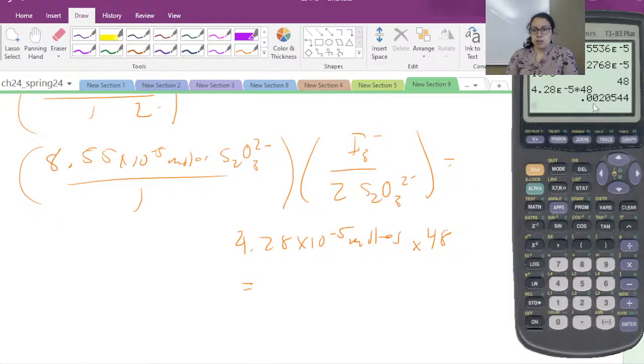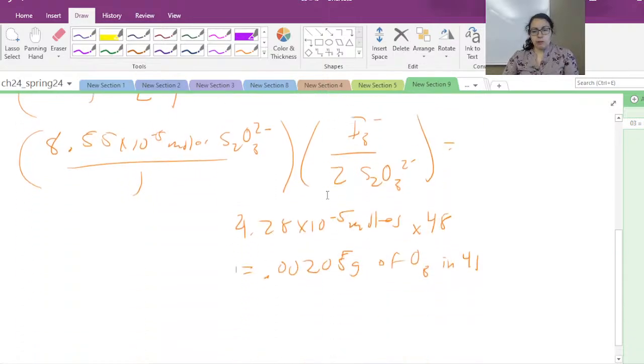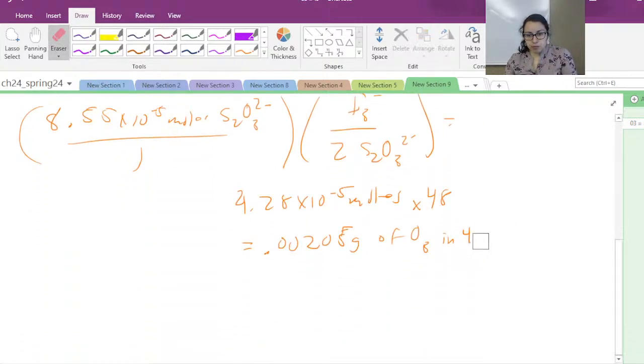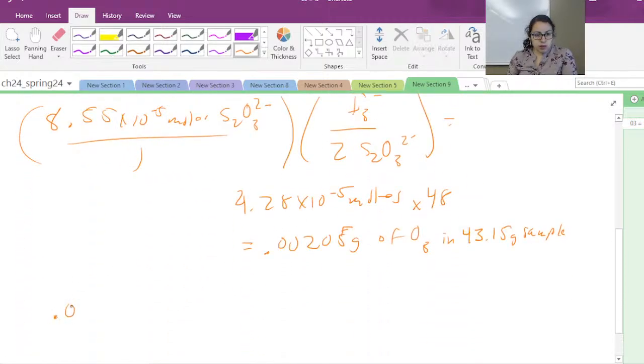So then I get this many grams, so 0.00205 grams of ozone in our 41, what was it? 43.15, my bad. In 43.15 gram sample. And so now we can figure out mass percent. And so now we just divide and multiply it by 100 to get our percentage.